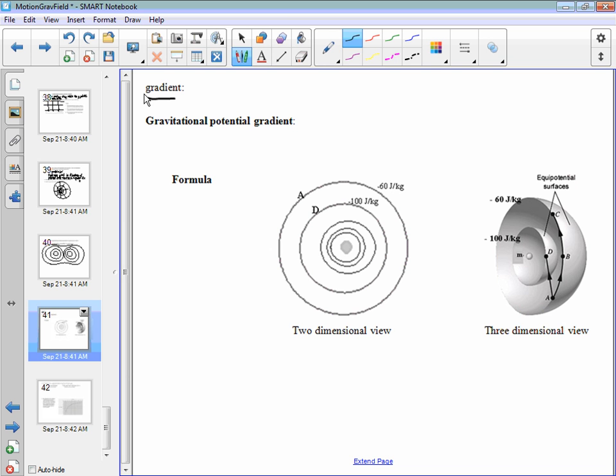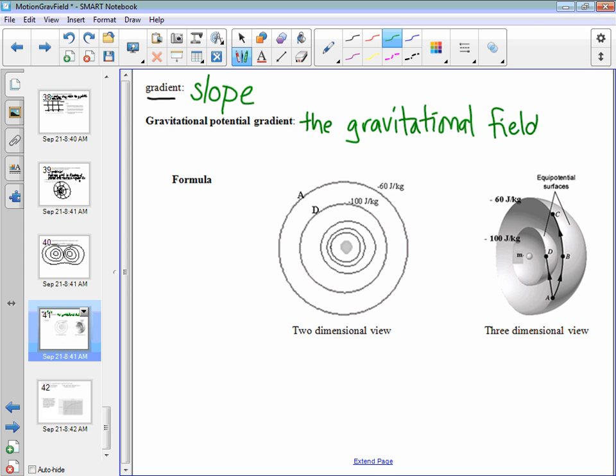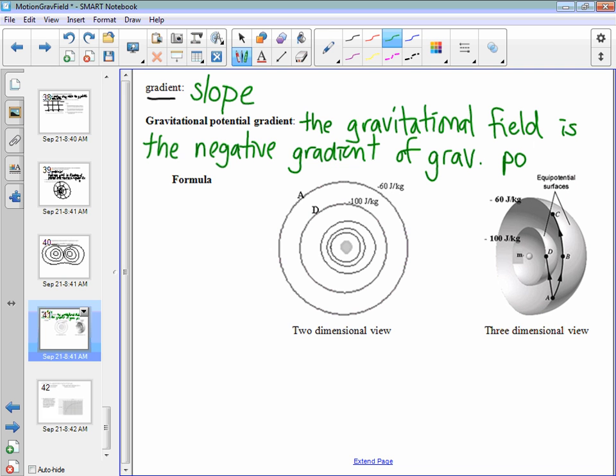First of all, remember, in physics, slope is just gradient. The gravitational field is the negative gradient of the gravitational potential with respect to the surface. I'll explain what that means here.